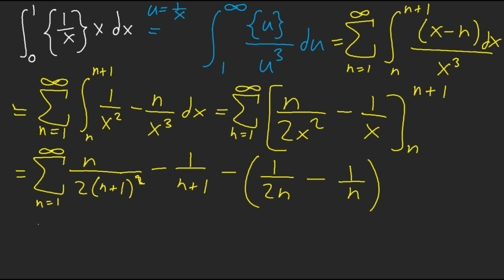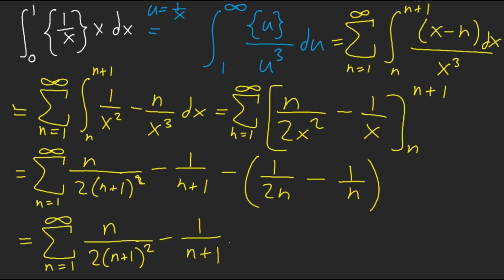And then if we simplify this, you can see that we end up with n over 2 times n plus 1 squared, minus 1 over n plus 1, plus 1 over n, minus 1 over 2n.